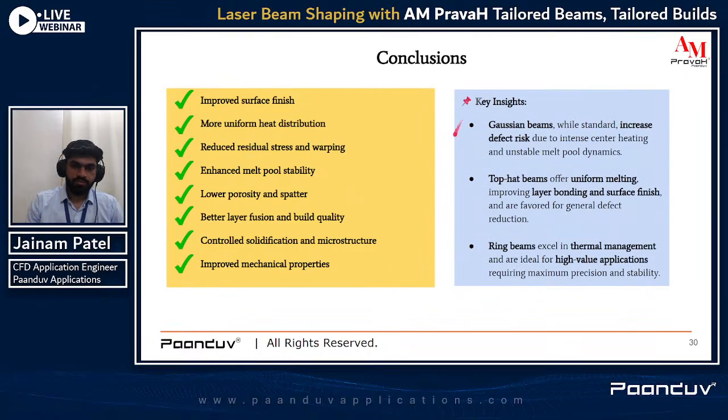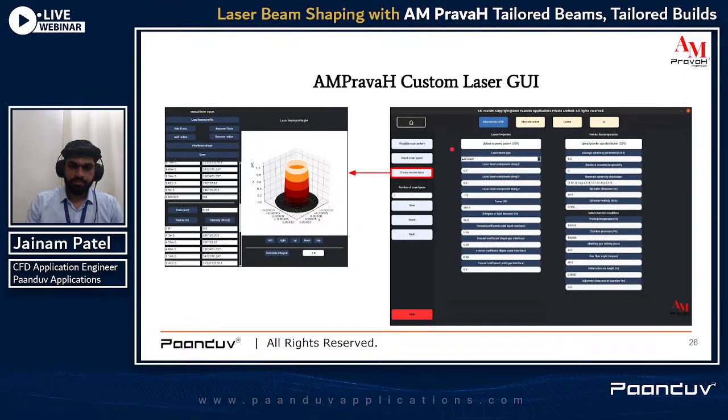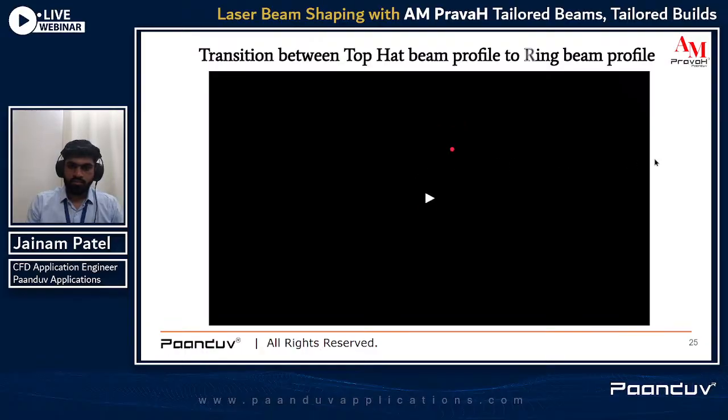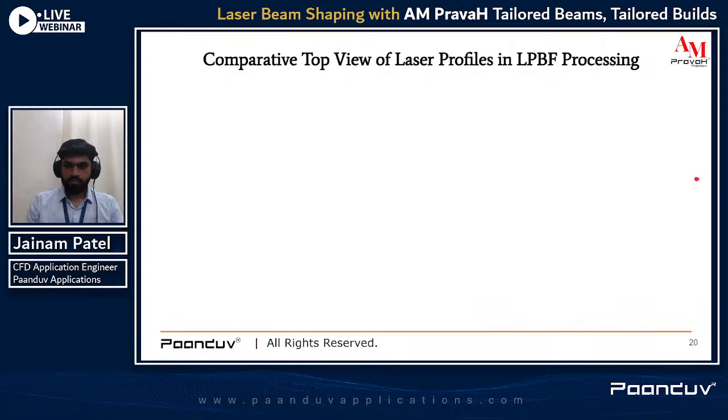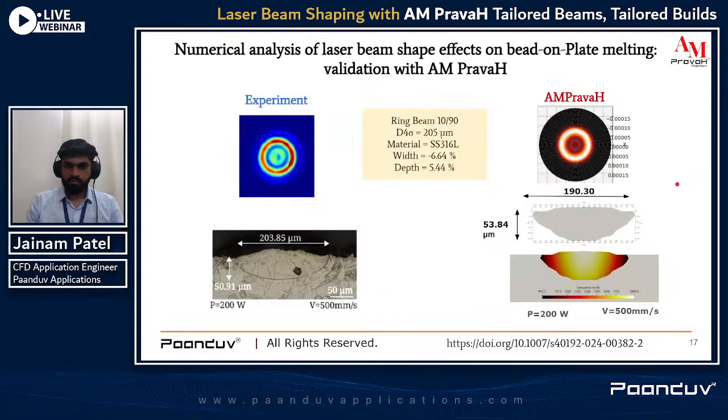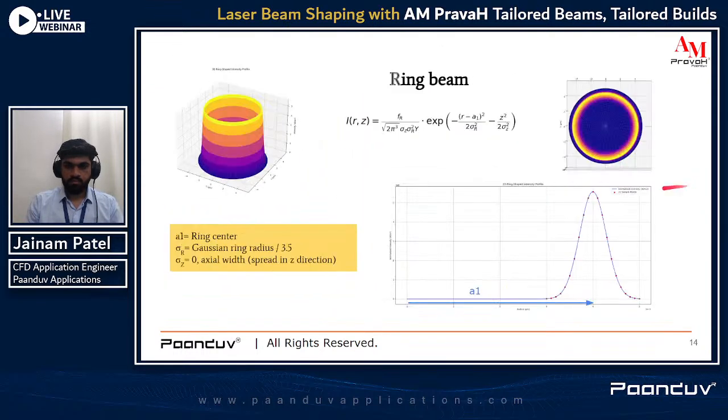Let me show you. On the ring shape, there are intensity points on the outside part of the ring, which is very high intensity.